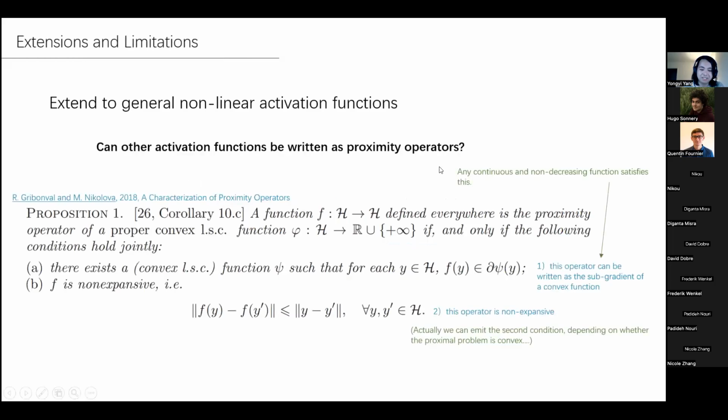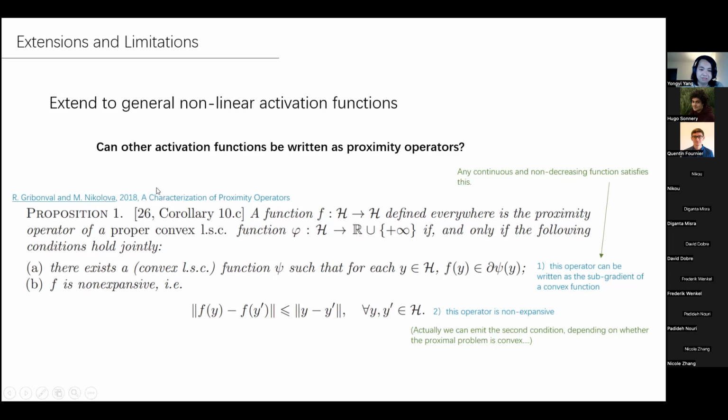So as long as we can write the nonlinearity as a proximity operator, then we can involve them in this framework. The problem becomes what functions can be written as proximity operators, or can other activation functions we use be written as proximity operators? I give a reference.